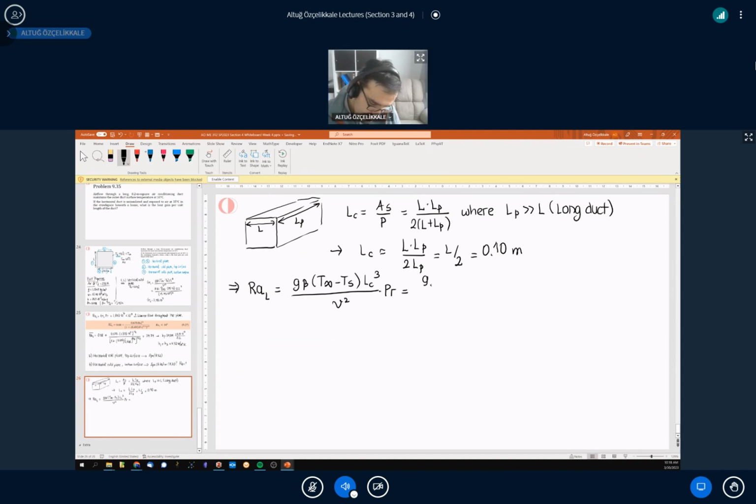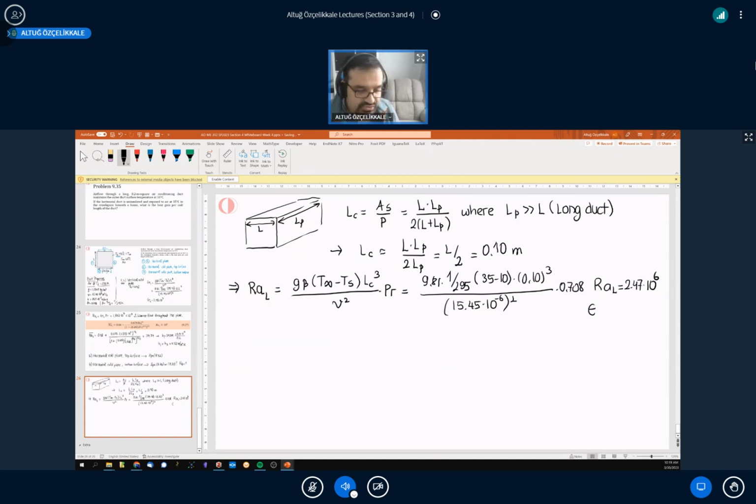That's 9.81 times 1 over 295 times 35 minus 10 times 0.10 raised to the power 3 divided by 15.45 times 10 to the power minus 6 squared, times 0.718. And the Rayleigh number is going to be 2.47 times 10 to the power 6.